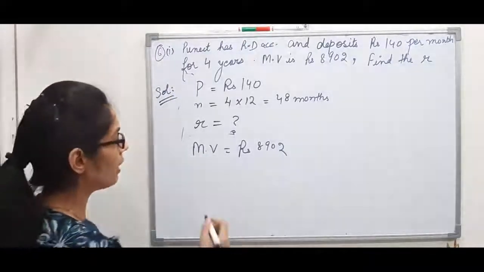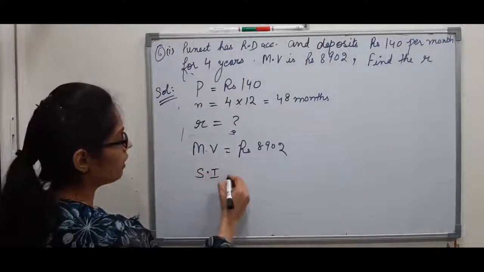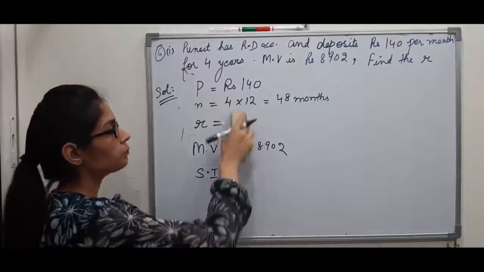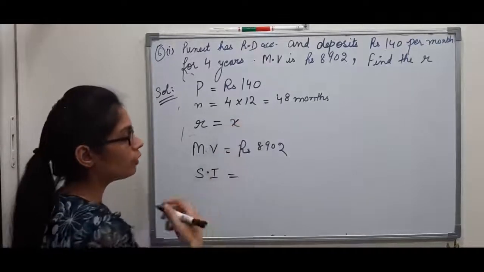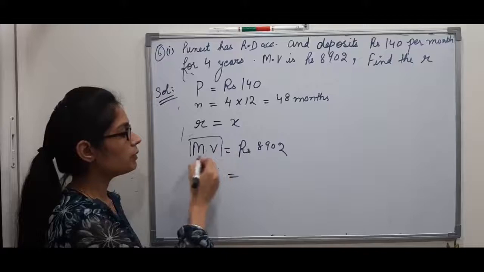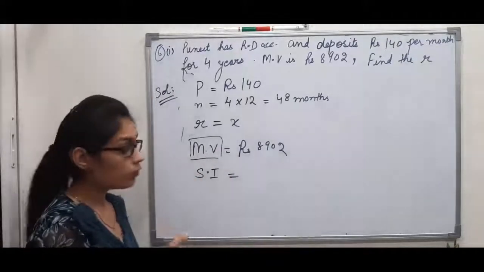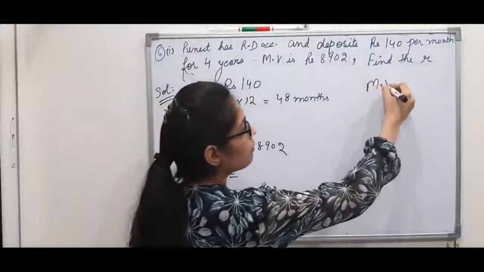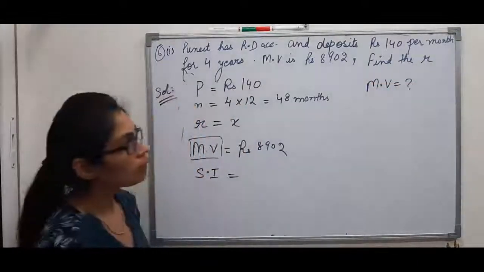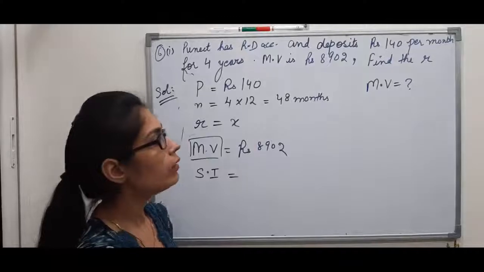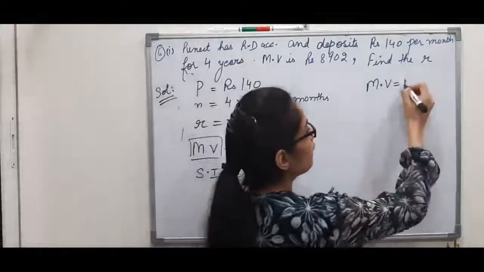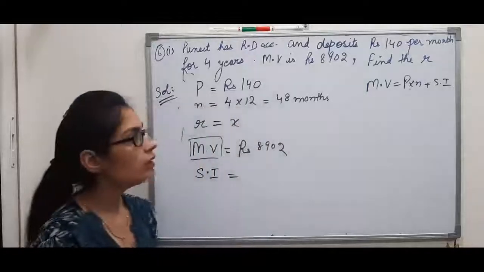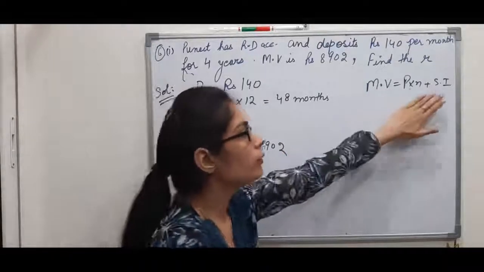So let's start. Simple interest, again the same formula, because now I have assumed r. Because they have given me maturity value, I need simple interest. The formula of maturity value is p into n plus simple interest, so I need simple interest so that I can put its value in this.